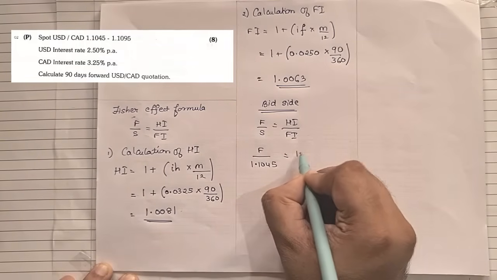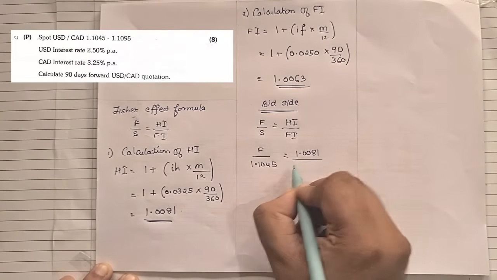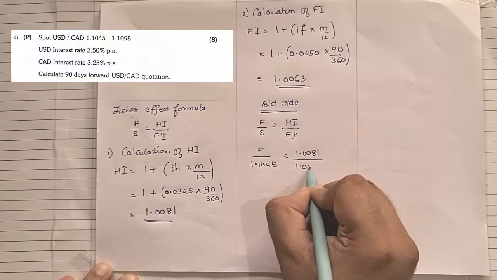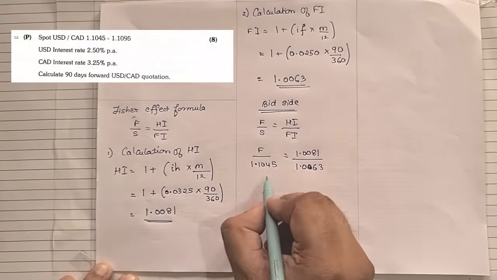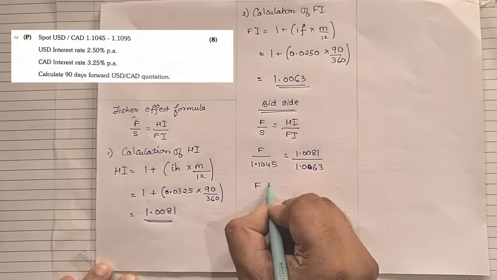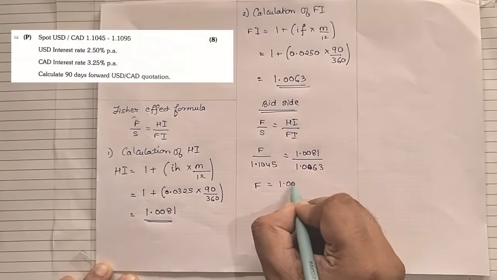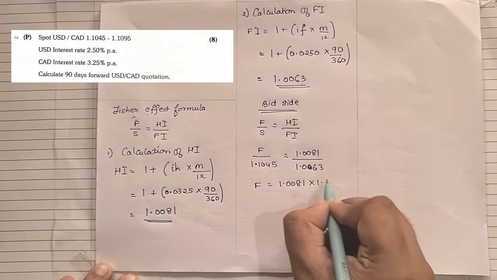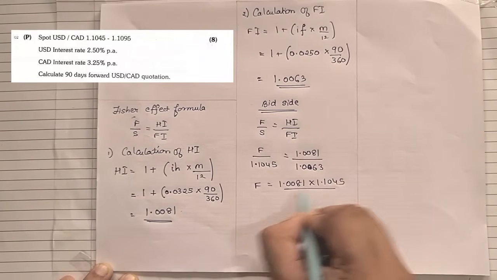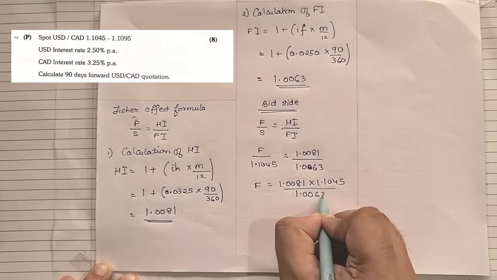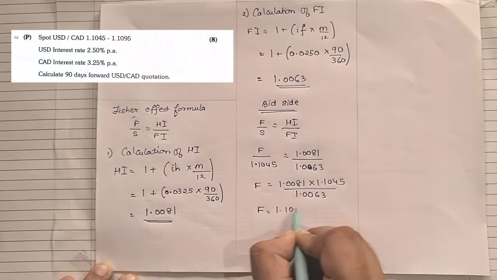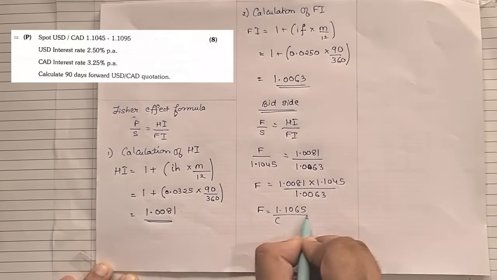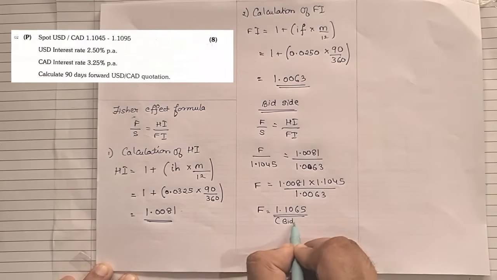HI we already found, 1.0081, upon 1.0063. So we will cross multiply. F remains here itself. So F is equal to 1.0081 into 1.1045 upon 1.0063. Multiply, divide. You should get the forward rate as 1.1065. This is nothing but my forward bid rate.